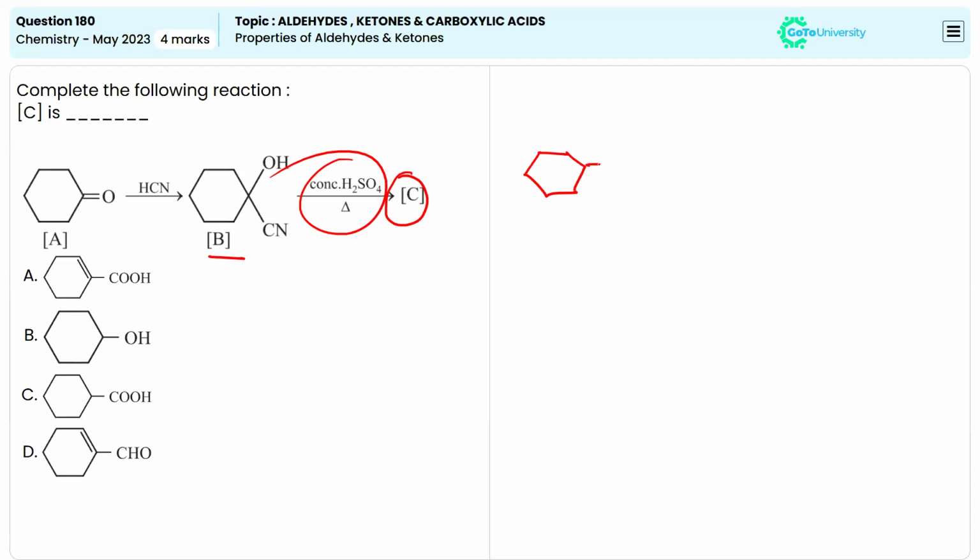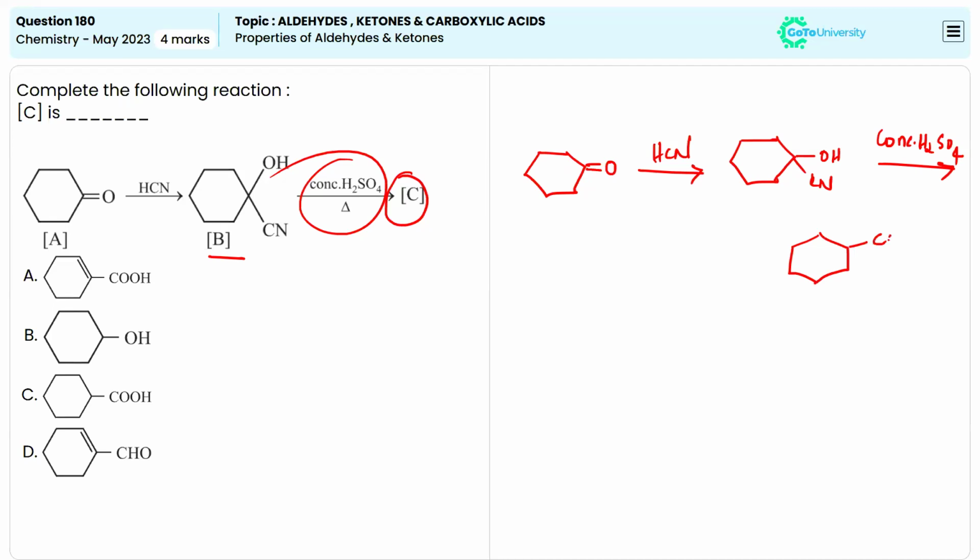The ketone reacts with HCN, and they produce OH and CN. And this again reacts with concentrated sulfuric acid. Here, the product C will be an acid, that is COOH, and there will be a double bond as well. So the correct answer is option A.